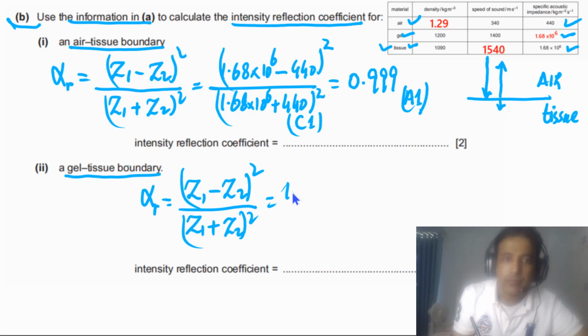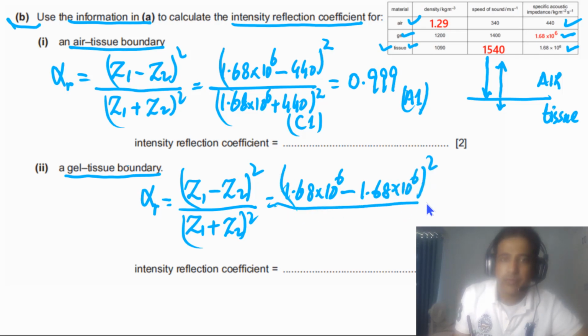and for the tissue also 1.68. So we have 1.68 times 10 to 6 minus 1.68 times 10 to 6, square of this, divided by 1.68 times 10 to 6 plus 1.68 times 10 to 6, square of this.